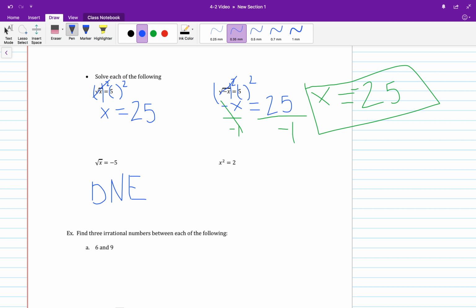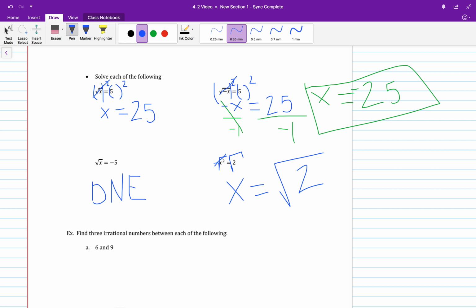So this one doesn't actually have a square root, but it does have a square. So to get rid of a square, I do its inverse or its opposite. So I take the square root. Just like above, a square and a square root cancel. So I'm left with x equals the square root of 2.